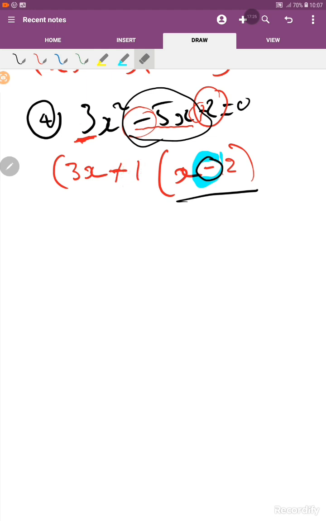In the simplest terms, before I conclude on that, the simplest thing is to check the middle number. If the middle number is high, you must know that the highest value inside the bracket must be negative.